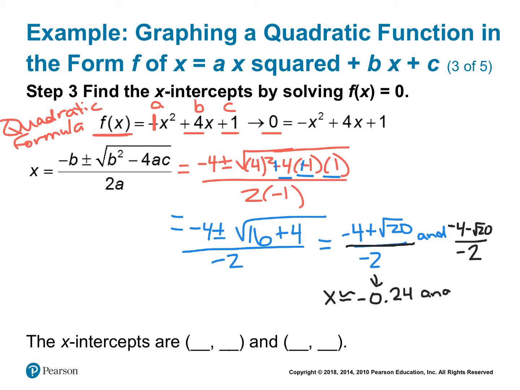And then for this one, you do -4 minus the square root of 20, press the equal sign, then divide by -2, and you should get about 4.24.